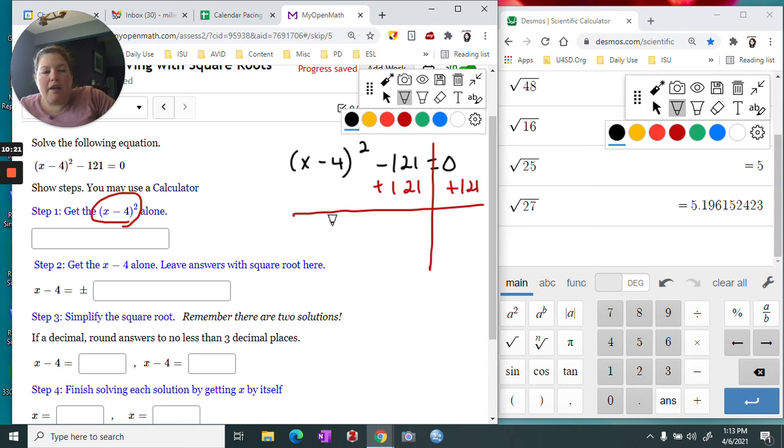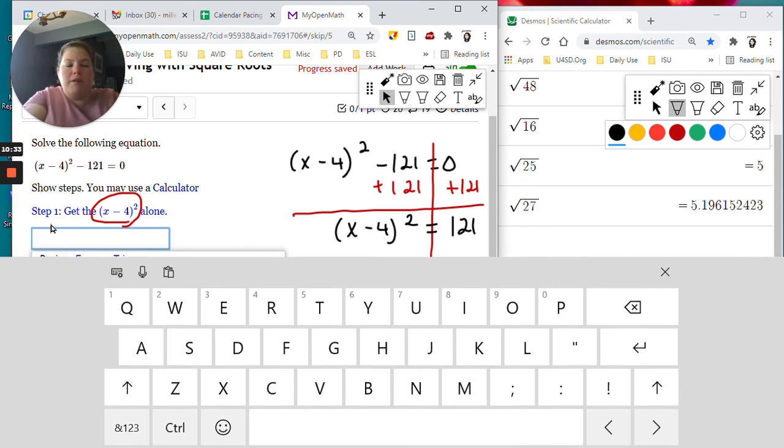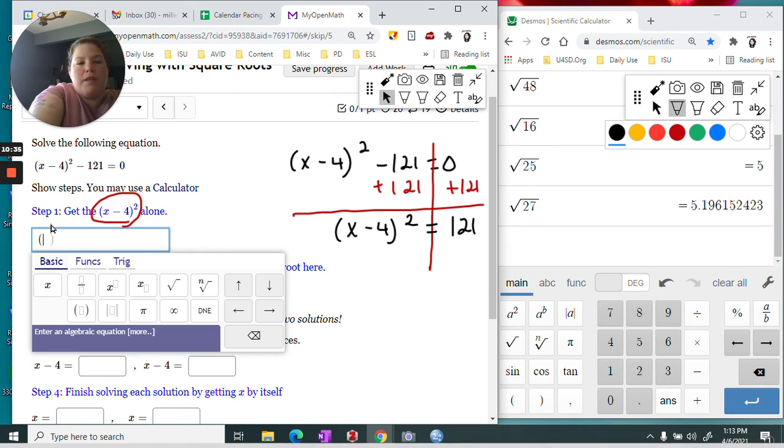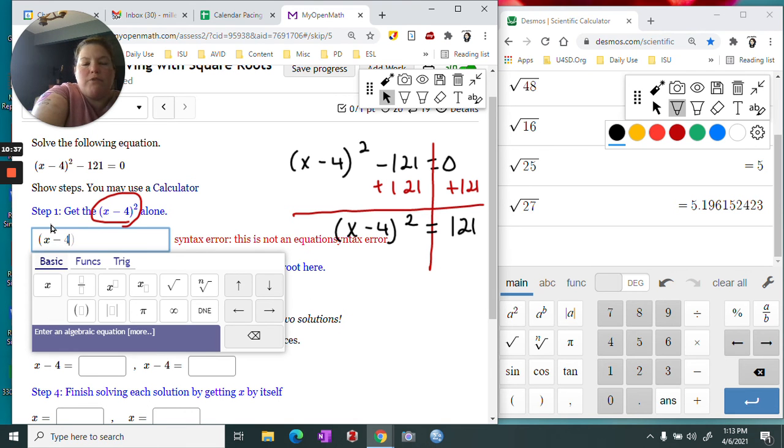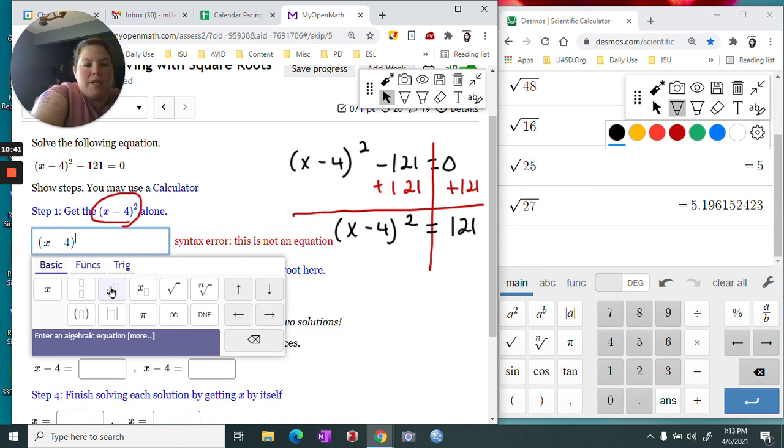So I have remaining on the left the quantity x minus 4 squared equals 121. Okay, so that's what I'm going to type. I'm going to type my quantity, so parentheses, x minus 4, close parentheses, exponent squared equals 121.